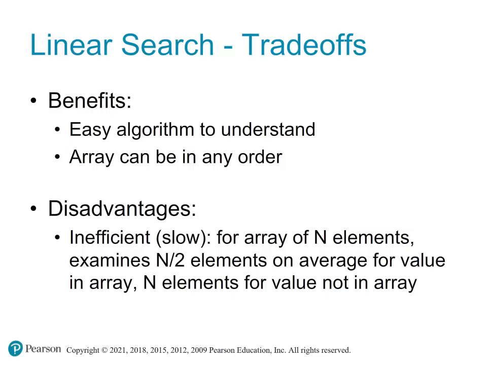The disadvantage is that it's inefficient. It's not the most time-efficient algorithm, especially for large data sets. On average, it examines n divided by 2 elements when the value is in the array. If the value is not present, it goes through all n elements, which can be quite slow for large arrays.